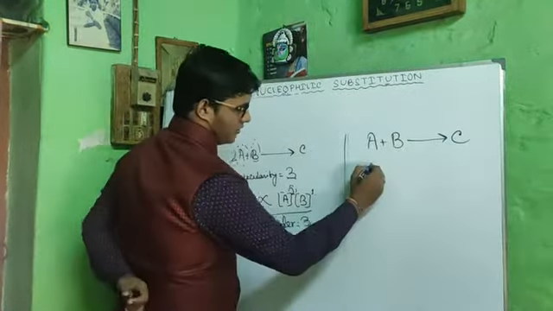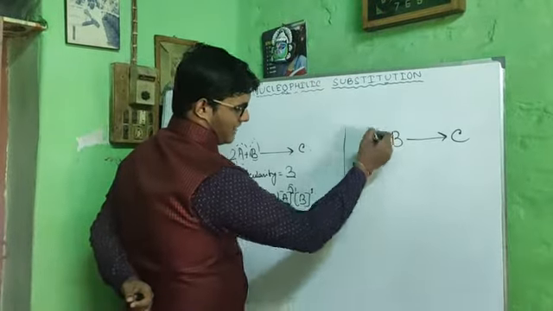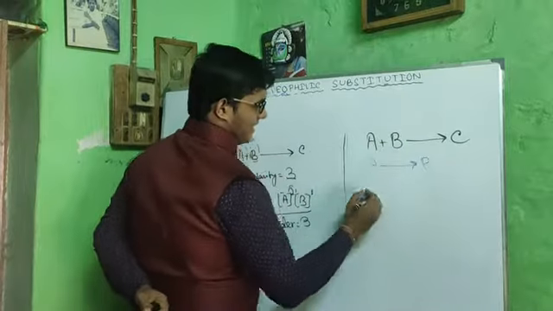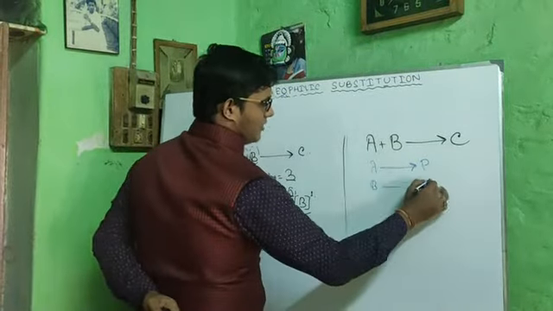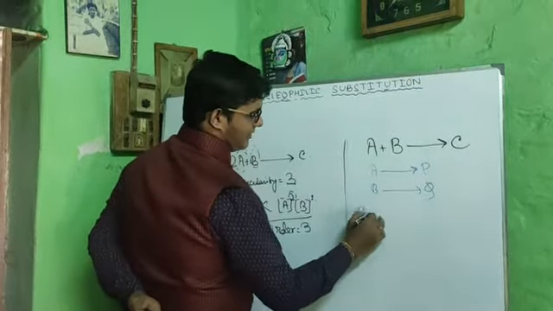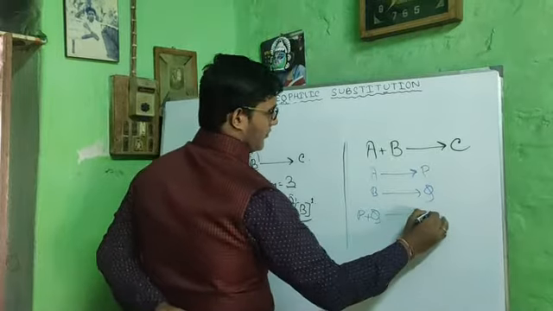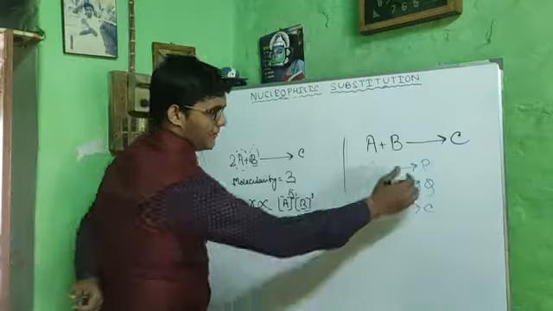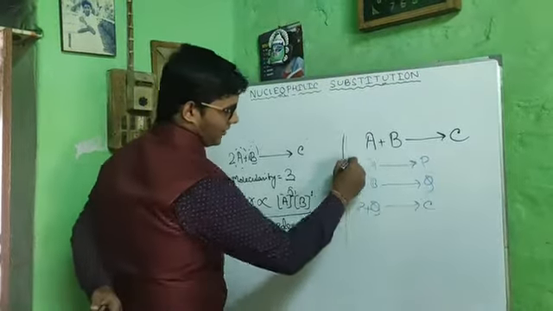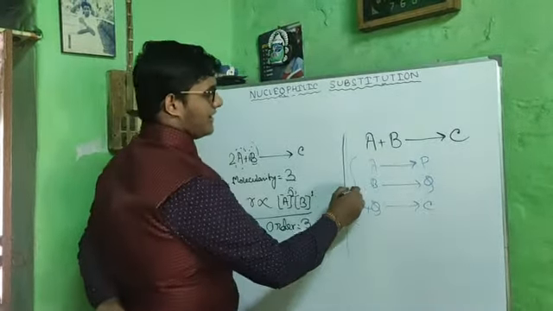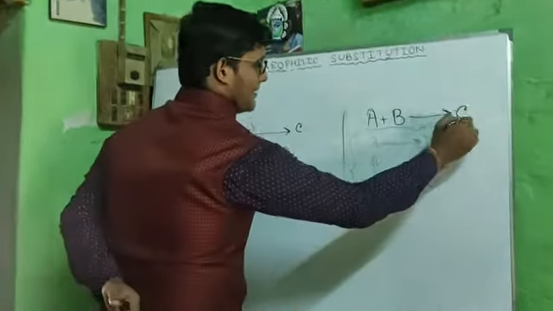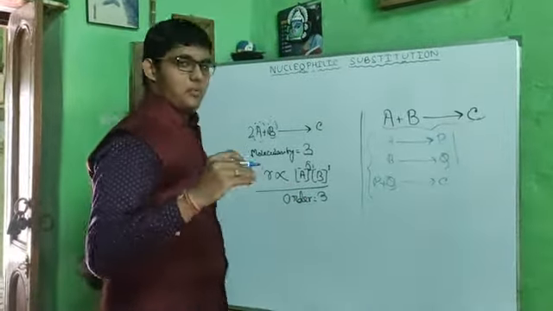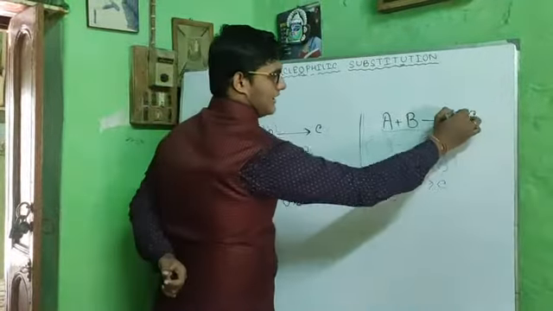Just taking an arbitrary example, A is converted to P in a step, B is converted to Q in a step, and finally P and Q combine to form C. All these reactions combined form the overall reaction. As a final product, we don't get P and Q, so from outside we think the final product is C.